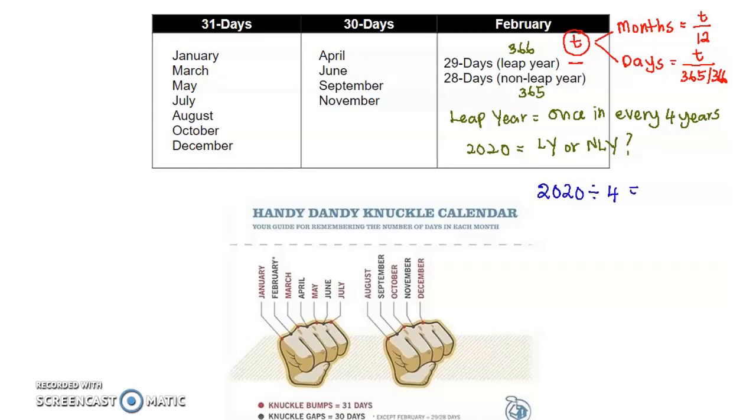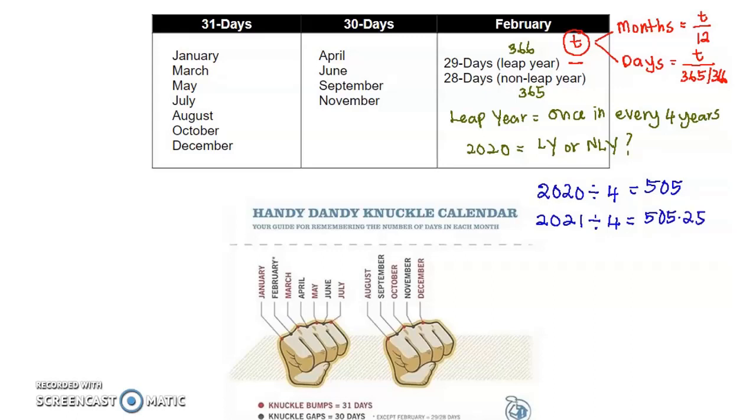So 2020 divided by 4 will be 505. Take another year, for example, 2021. Divide it by 4. Here we will get 505.25.